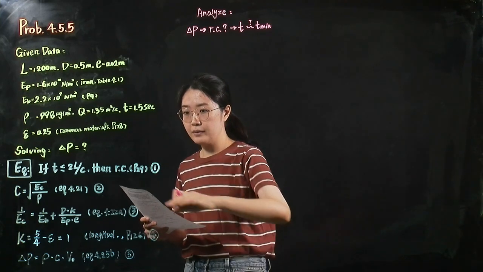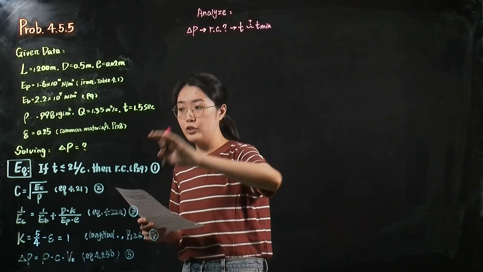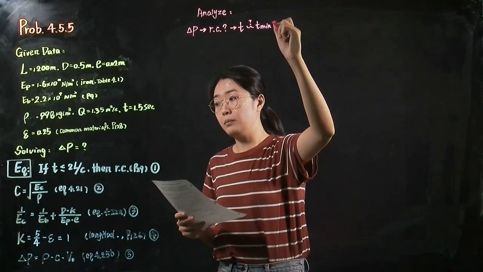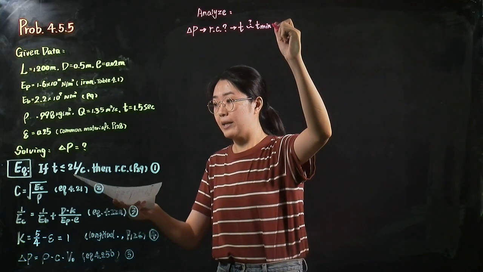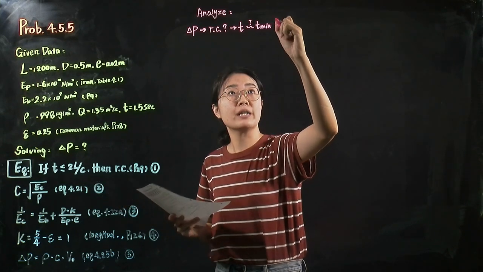And based on equation 1, to calculate the minimum time, we need to know the length and the celerity. In this problem, the length is already given. We need to consider the celerity only.